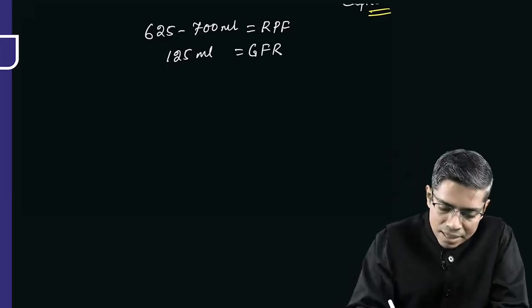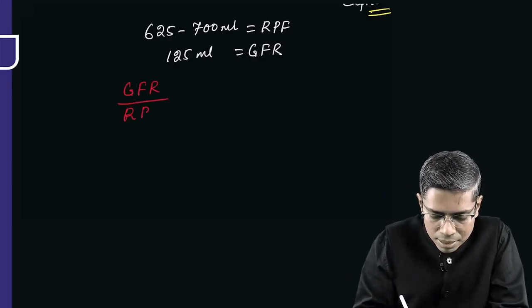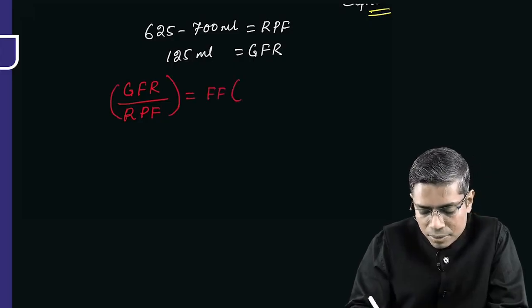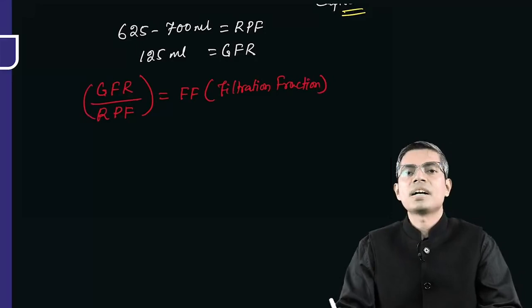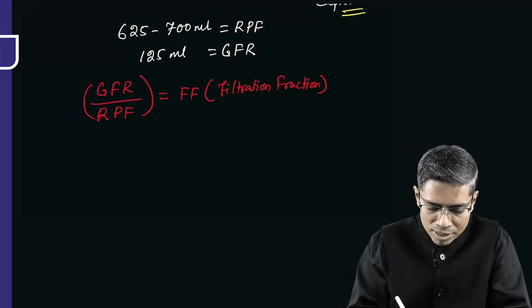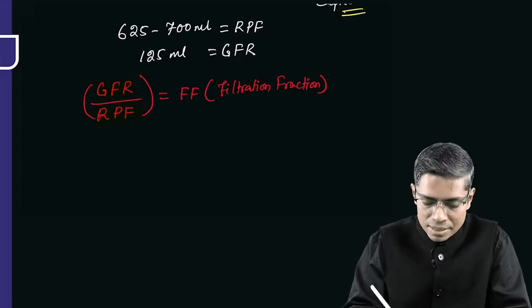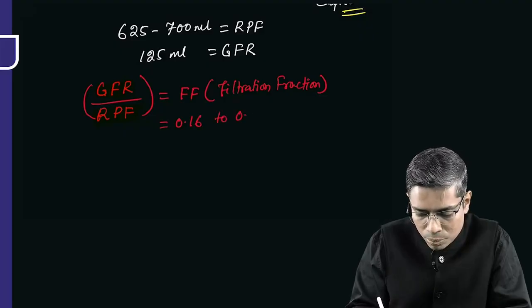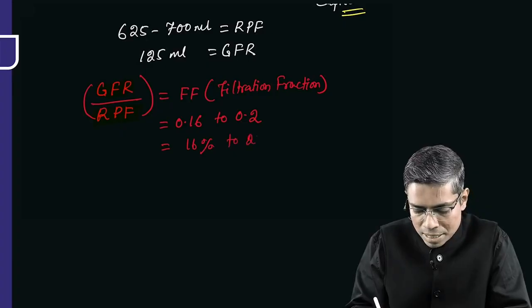So if I take a ratio between these two, GFR upon renal plasma flow, this ratio is known as FF, the filtration fraction, right? So if you put the normal value of GFR, that is 125 ml here, and 625 or 700 ml here, then the filtration fraction will be 0.16 to 0.2, or you can say 16% to 20%.